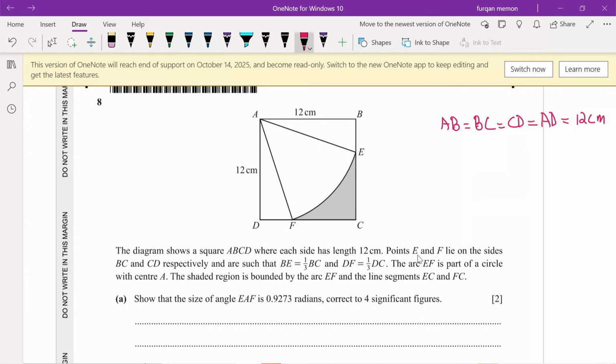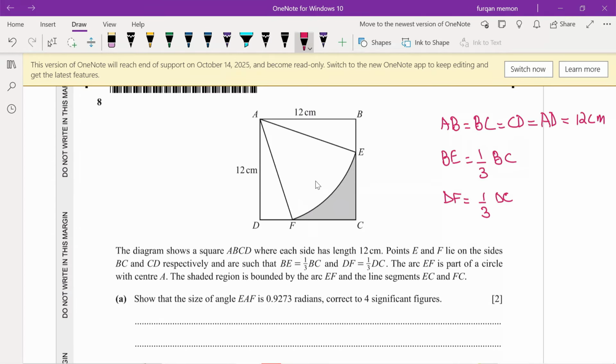Now points E and F lie on the sides BC and CD respectively and are such that BE is equal to 1/3 BC and DF is equal to 1/3 BC, and the arc EF is part of a circle.